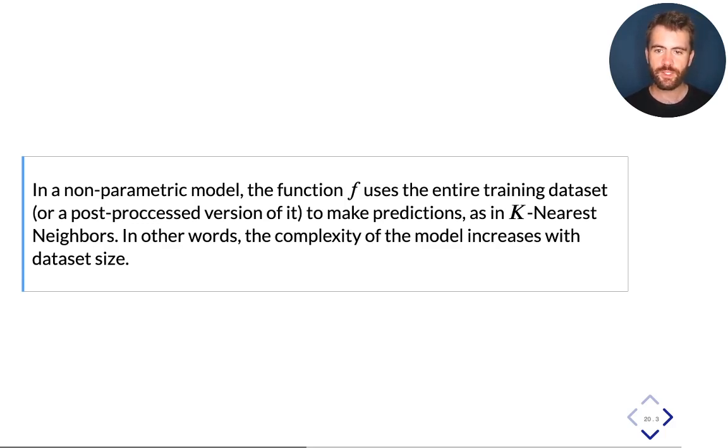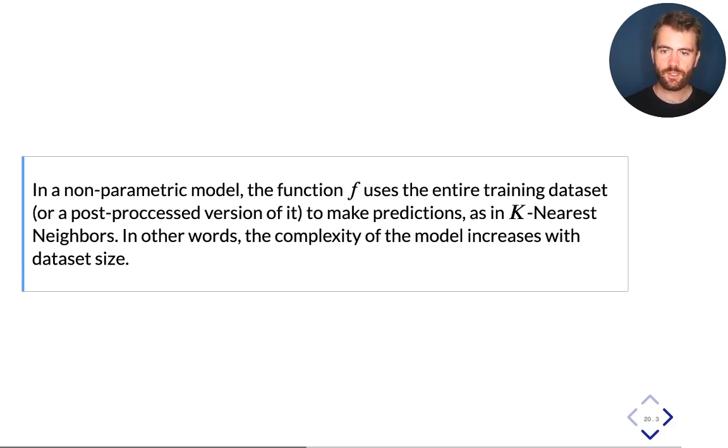And as we increase the dataset size, the complexity of our model class, the number of models in our model class, increases. So if we go to 1,000,000 data points, now we are going to have even more possible models. Now the dimensionality of our model class is going to be on the order of 1,000,000.